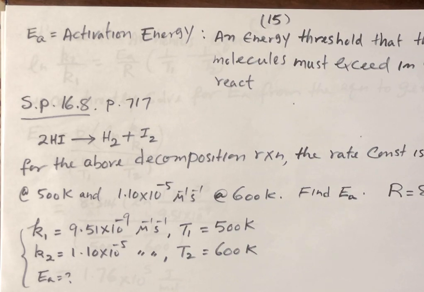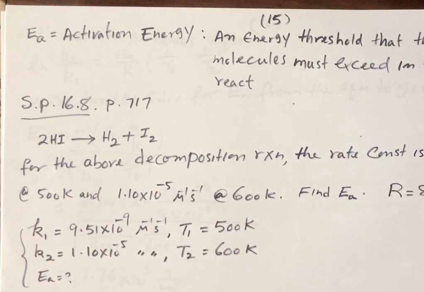Now, this whole concept of the Arrhenius equation and the dependence of reaction rate on temperature is well demonstrated in sample exercise 16.8 on page 717. This is the decomposition of hydrogen iodide, HI, into hydrogen and iodine gas, and the decomposition reaction is given here, and the rate constant is 9.51 times 10 to the negative 9 at this temperature.